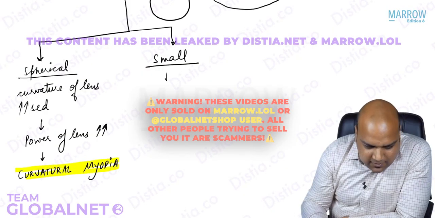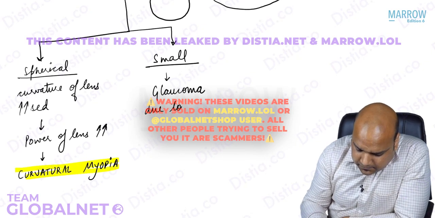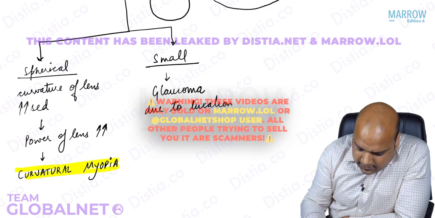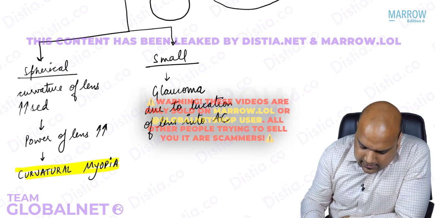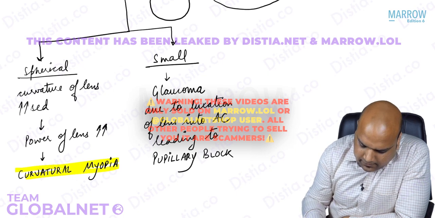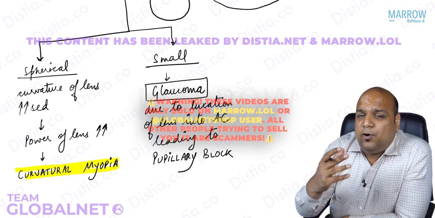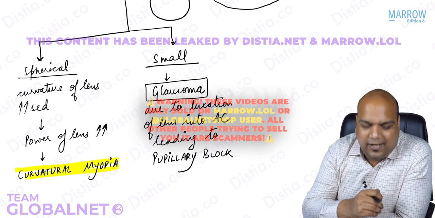So small lens will lead to glaucoma due to luxation of lens into anterior chamber, leading to pupillary block. Okay, you will be able to better understand this point if you have watched the video on glaucoma. So please come back to this if you don't understand it right here, right now.